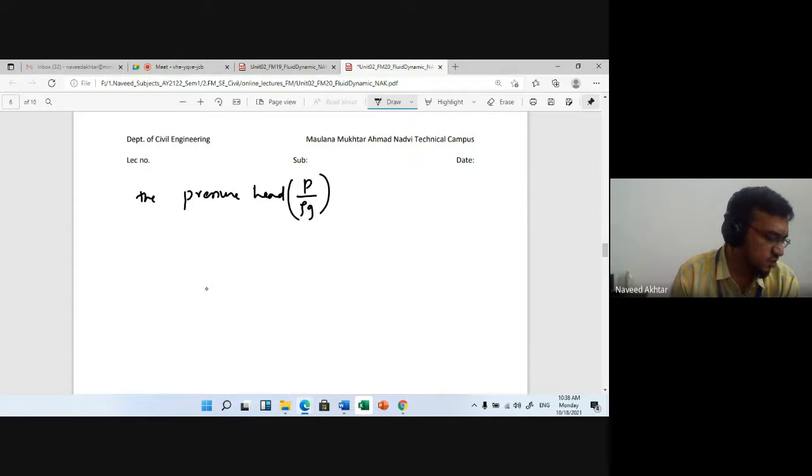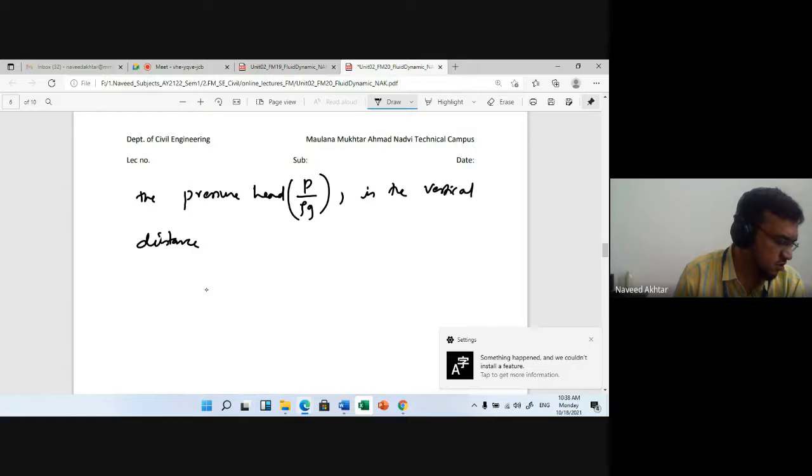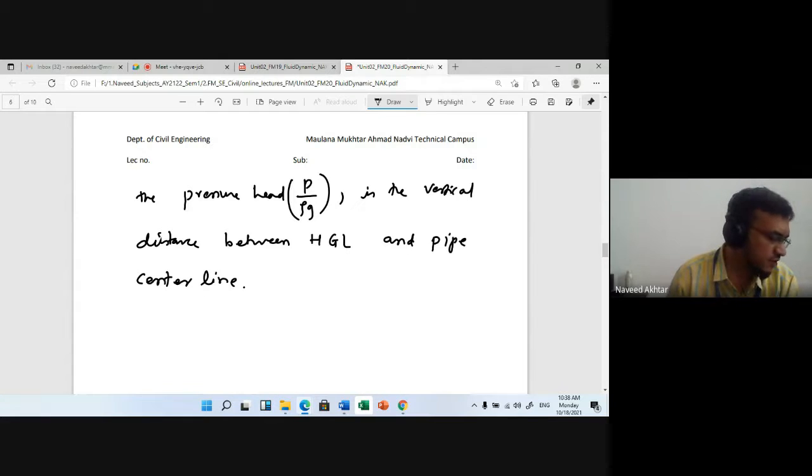P upon rho G is the vertical distance between the HGL, hydraulic grade line, and the pipe center line. From the center line of the pipe to the hydraulic grade line, that is the pressure head.